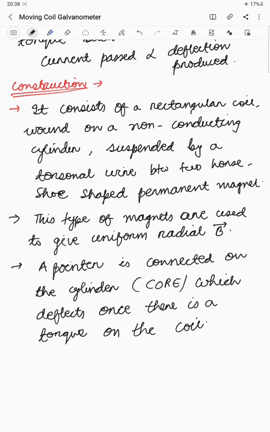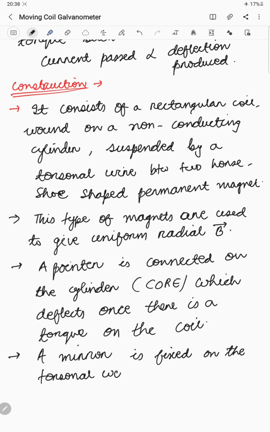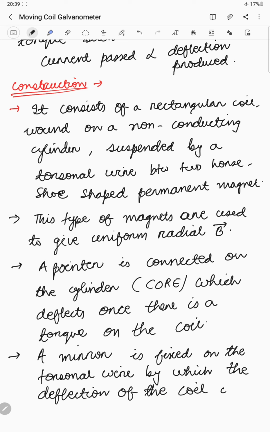Then behind that we have a mirror. So basically a mirror is fixed on the torsional wire by which the deflection of the coil is measured by lamp and scale arrangement.